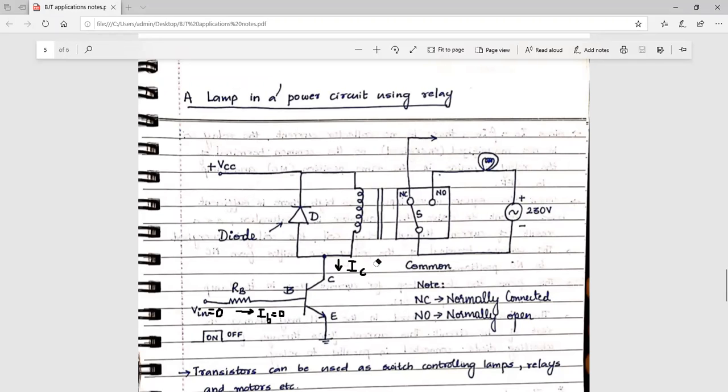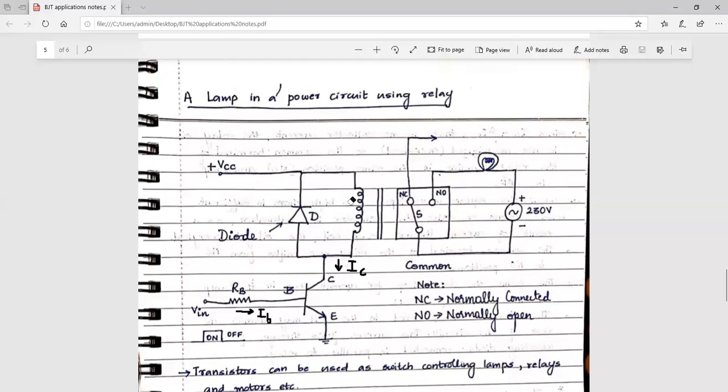Now we'll see the second condition, when you are going to give Vin of some positive voltage. Then IB is present. If IB is present, IC is also present. If IC is present, this coil will get energized.